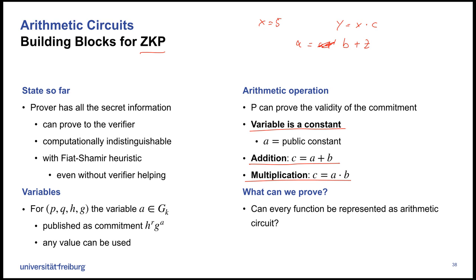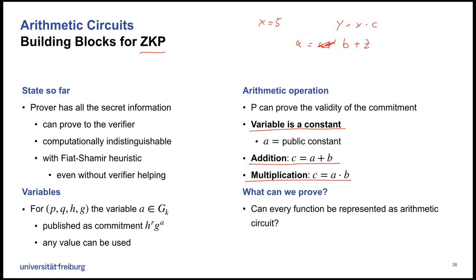Now the question is, so these are called arithmetic operations or arithmetic circuits. So you have numbers and you can do addition, you can do multiplication, you can also do division, and you have constants. The question is, what can we do with that? Can we do everything with that? Or are there certain things which are not possible to do so? So that is the next question.